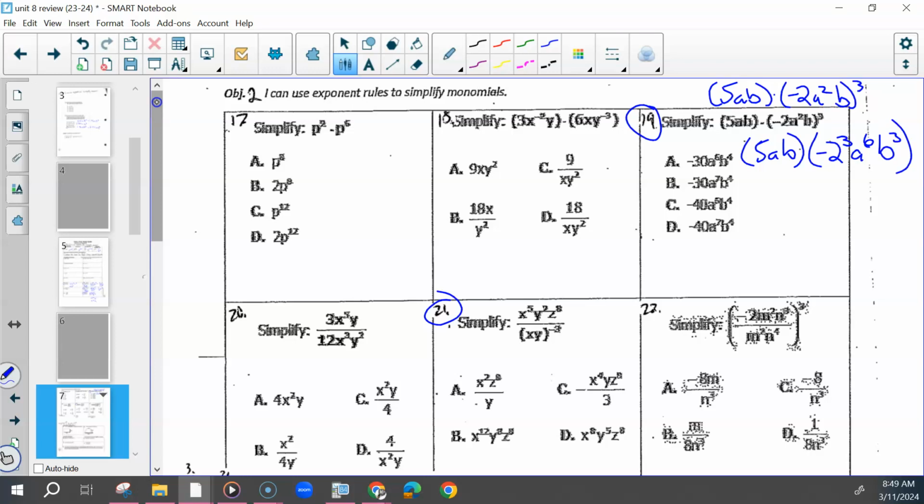Figure out what negative 2 to the third is. Negative 8. And we're going to multiply the numbers and add the exponents. So we have negative 40, a to the 7th, b to the 4th, which is b.